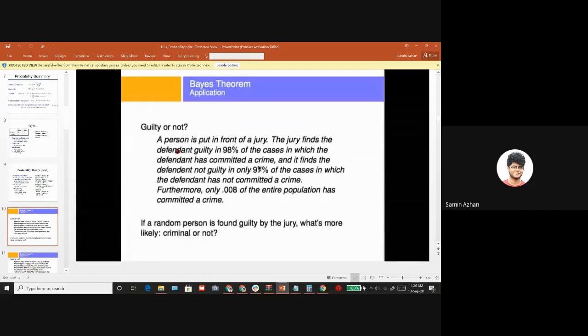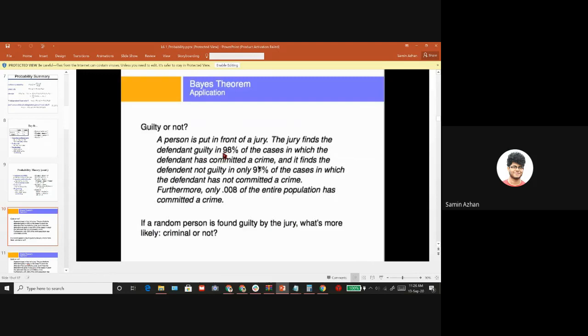The given scenario is that a person is put in front of a jury. The jury finds the defendant guilty in 98% of the cases in which the defendant has committed a crime.